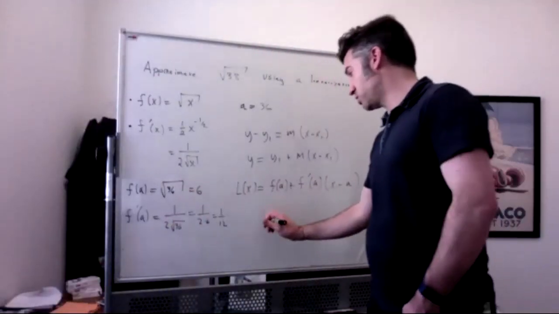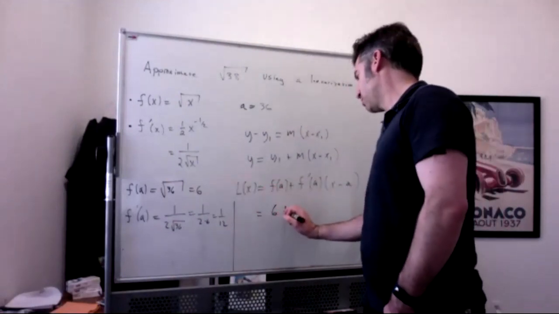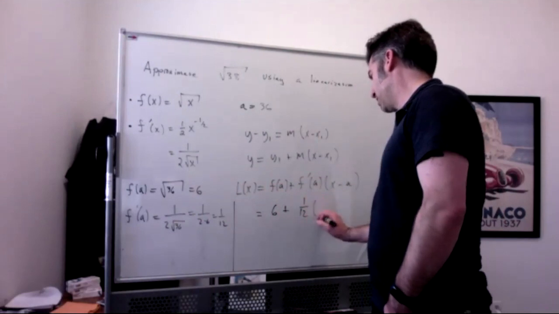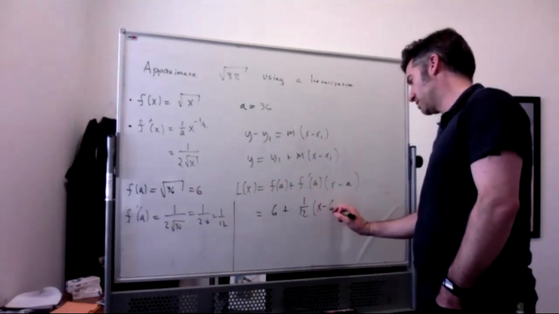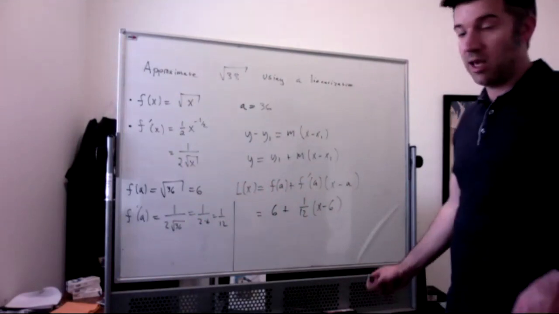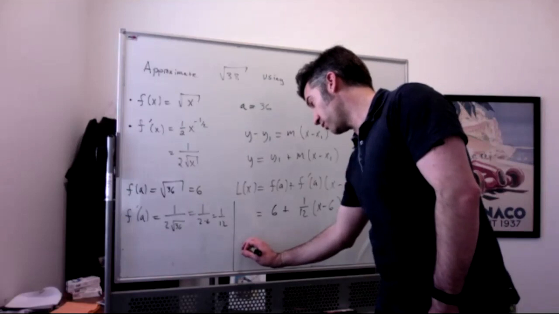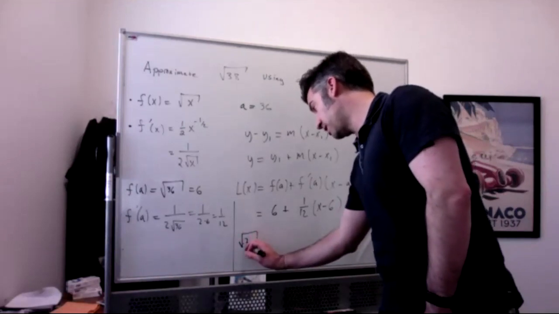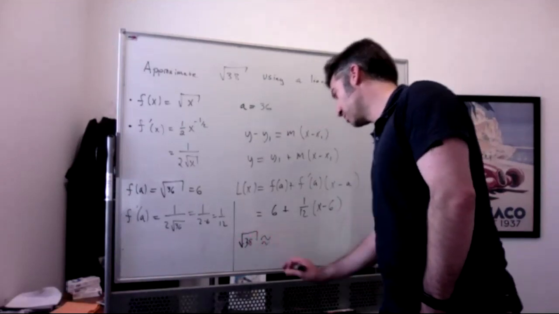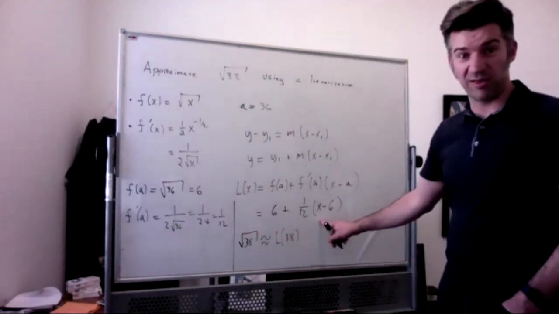So our linearization is 6 plus 1/12 times x minus 6. That's the equation of the tangent line. And our approximation here, so if we're trying to approximate the square root of 38, it's going to be approximately the linearization at 38, which we're just going to plug in 38.